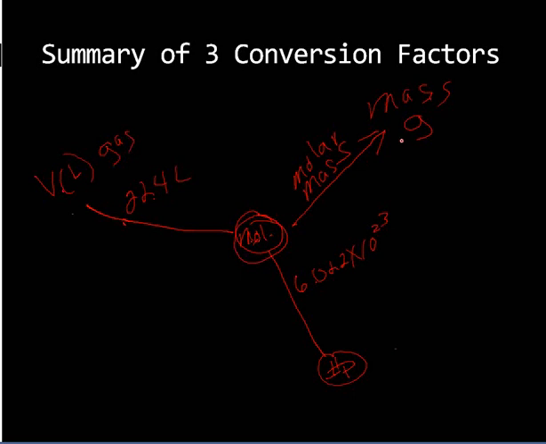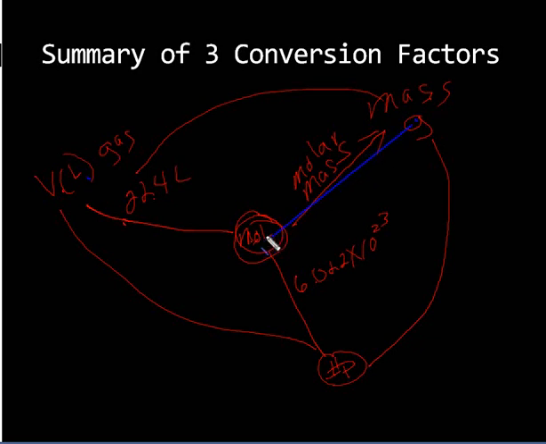There is, however, no direct relationship between particles and grams and volume, or volumes and particles. So if I wanted to go from grams to liters, I have to go through moles.